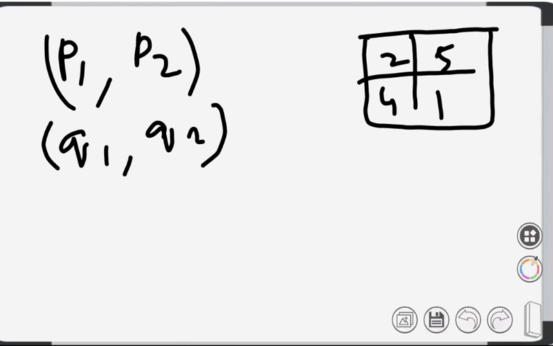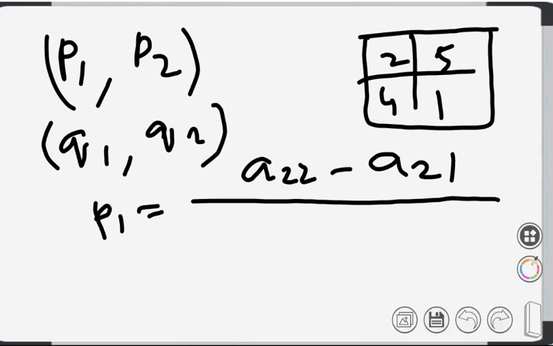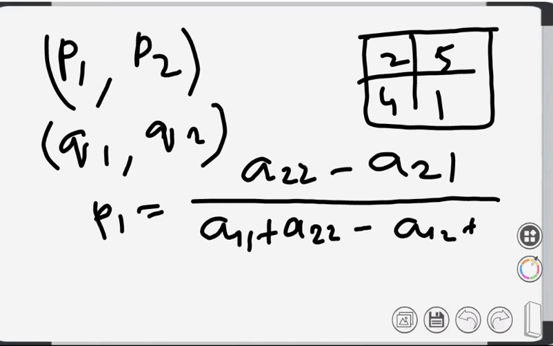Then according to the theorem, P1 equals, what is the formula? P1 is equal to A22 minus A21 by A11 plus A22 minus A12 plus A21.